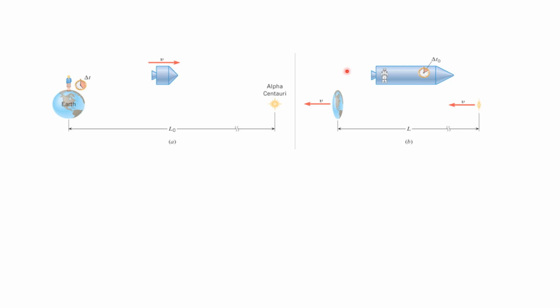At the same time, if there is an observer inside the spaceship observing the Earth, he would also say that the Earth, which is moving relative to him, he would also interpret that the length along the direction of the motion of the Earth is also contracted, meaning its length is somewhat decreased.